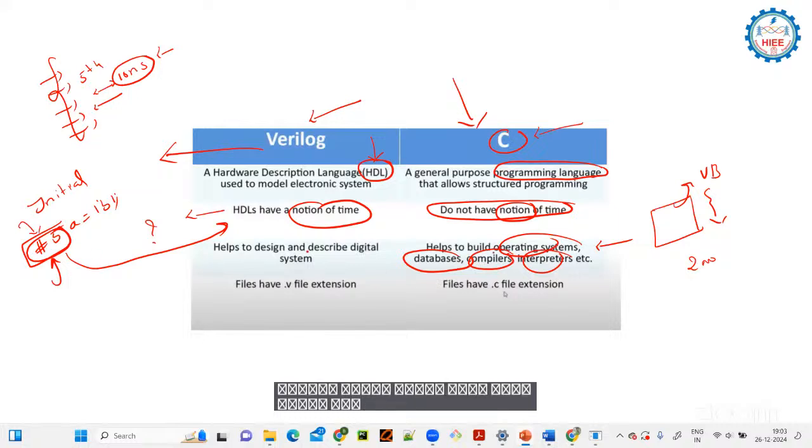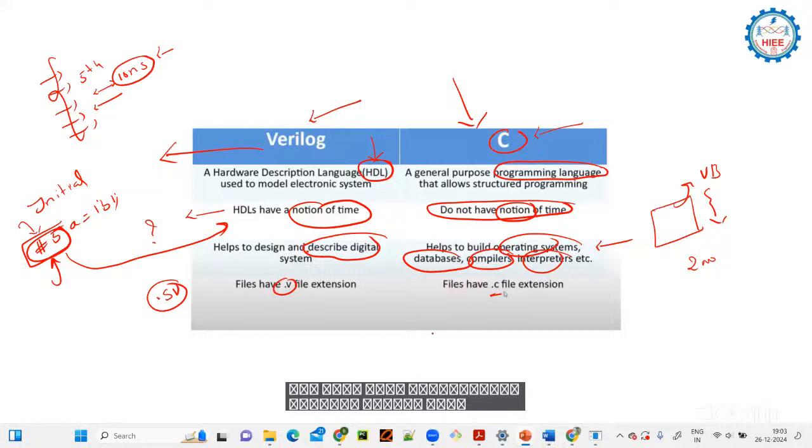As C is used for building operating systems, databases, compilers, what is Verilog used for? By this time we are already familiar with this: it is used to describe digital systems. How do we distinguish between different files? If it is a Verilog file, it will have a .v extension. If it is SystemVerilog, it will have a .sv extension. If it is C, it has a .c extension.